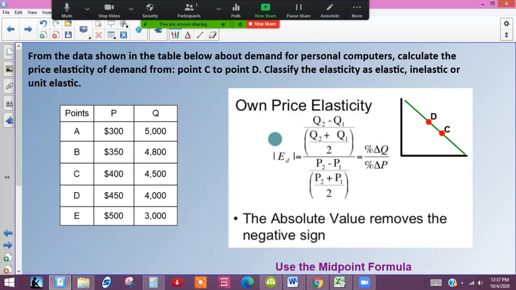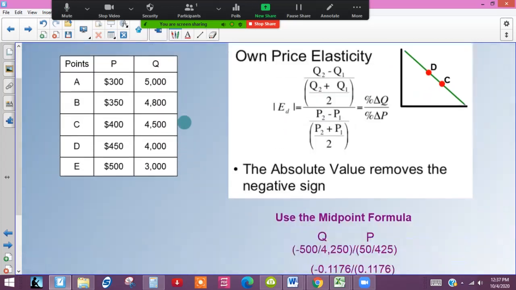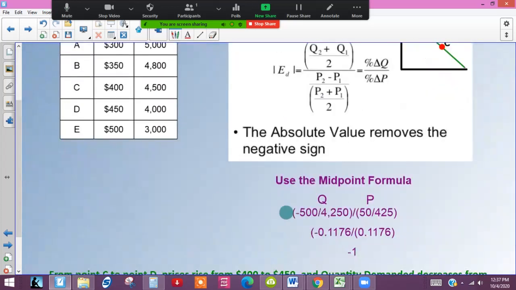So that's going to be 4,000 minus 4,500, so we get a negative 500 divided by the average of 4,500 and 4,000, which is 4,250.